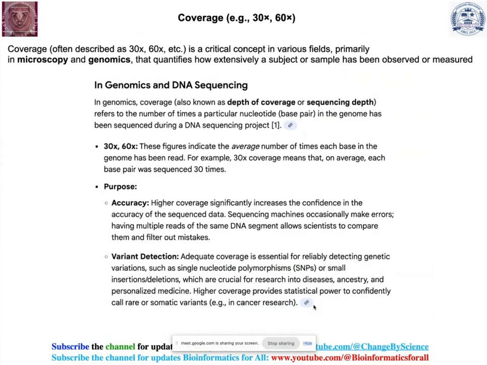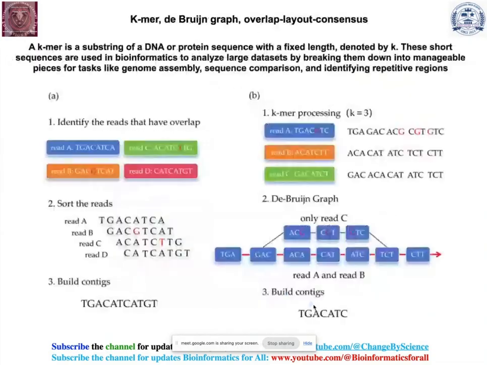And 30x, 60x, these figures indicate the average number of times each base in the genome has been read. For example, 30x coverage means that on average, each base pair was sequenced 30 times. So the purpose is accuracy and variant detection.